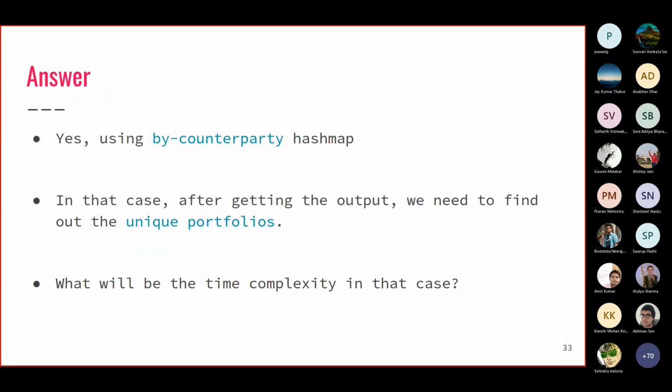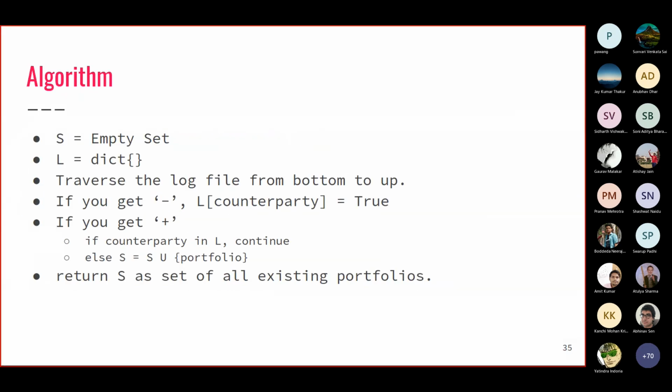I think we discussed that previously, right? We should take an array of size the number of transactions, and if the portfolio is already there, then we make the flag true, and that way we can make it in constant time, means linear time.